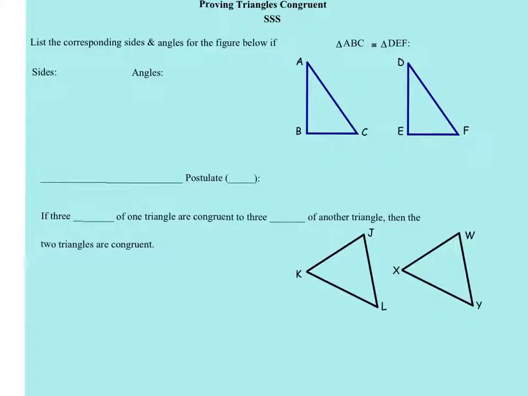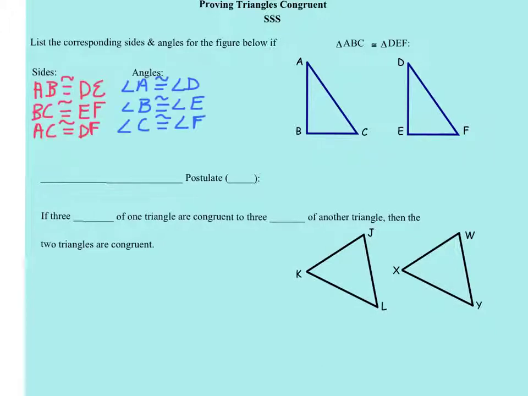We are going to be talking about how we prove two triangles congruent. Right now, what we have is a definition that says that all corresponding angles and sides need to be congruent in order for the figures to be congruent. Using our congruence statement, I have come up with this list of angles and sides that needs to be shown to be congruent.